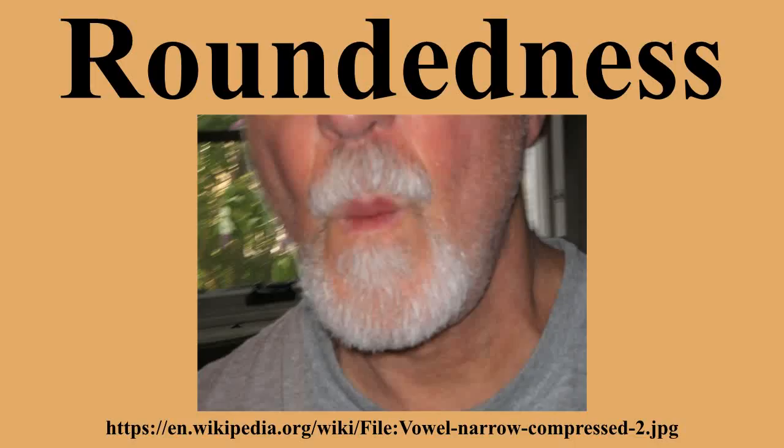Roundedness and labialization. Protruded rounding is the vocalic equivalent of consonantal labialization. Thus, rounded vowels and labialized consonants affect each other through phonetic assimilation. Rounded vowels labialize consonants, and labialized consonants round vowels.